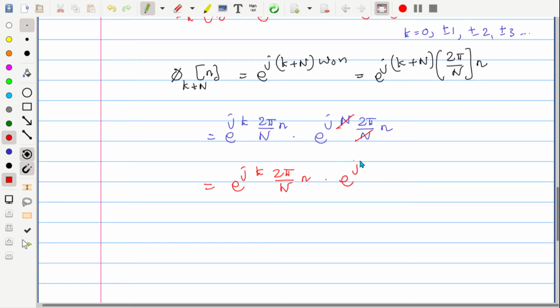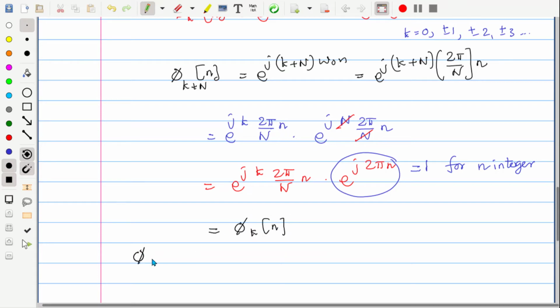Again n can take only integer values, so e^(j2πn) will always be equal to 1, and finally we get e^(jk2π/N n), which is the actual signal φk[n]. That is, φ(k+N)[n] is equal to φk[n].